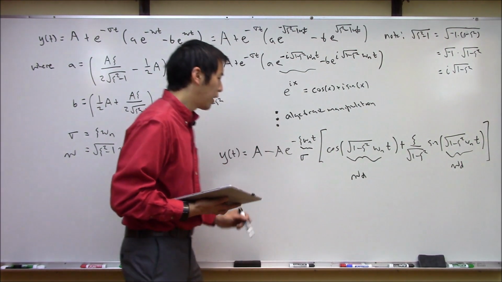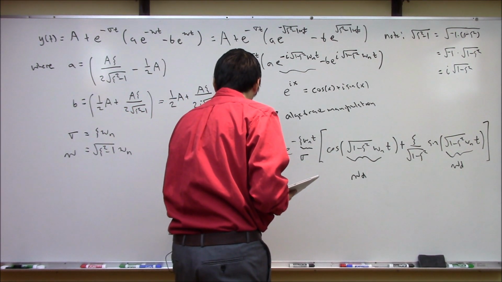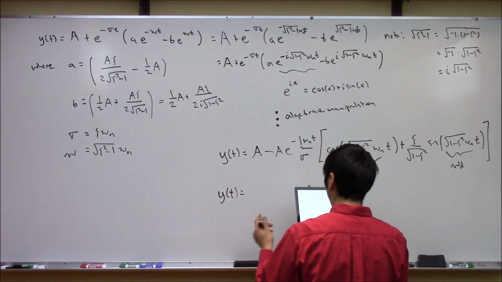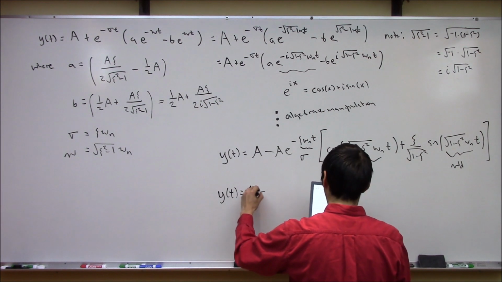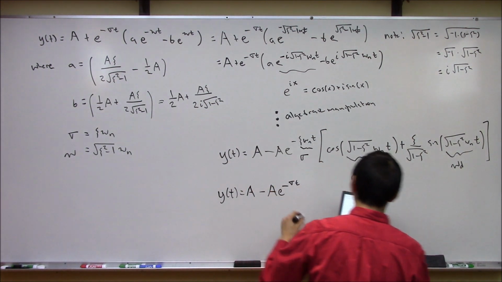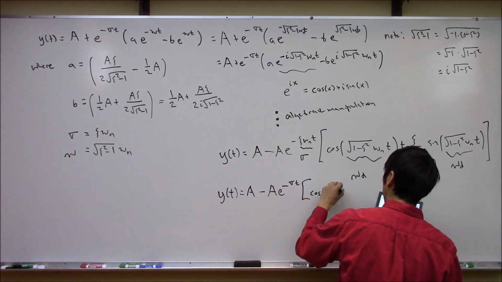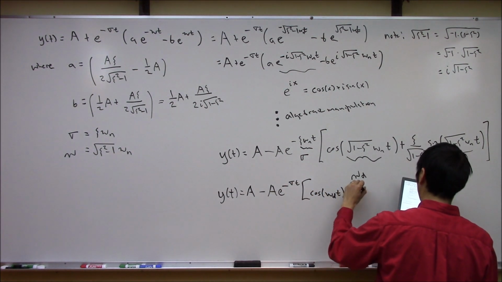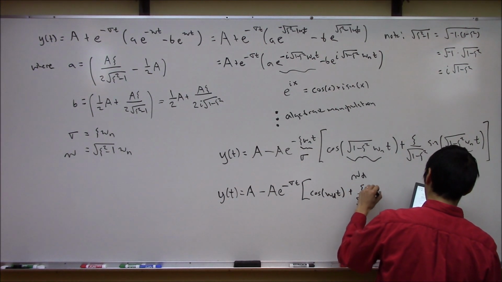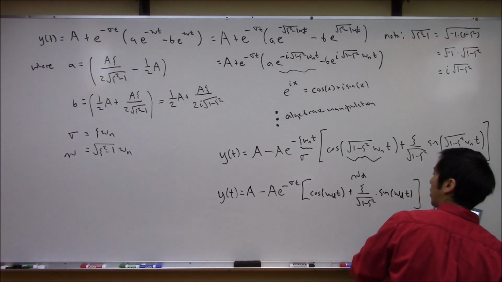So with those simplifications, we can write y of t, our final form that we're going to use and start messing with, as a minus a e to the minus sigma t times cosine omega d t plus zeta all over square root 1 minus zeta squared times sine of omega d t.